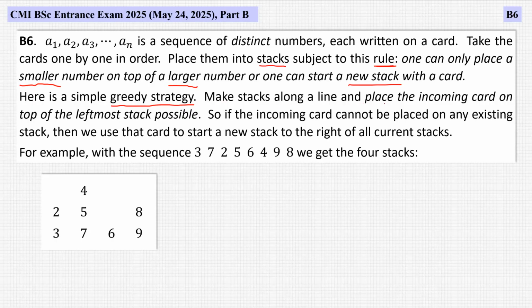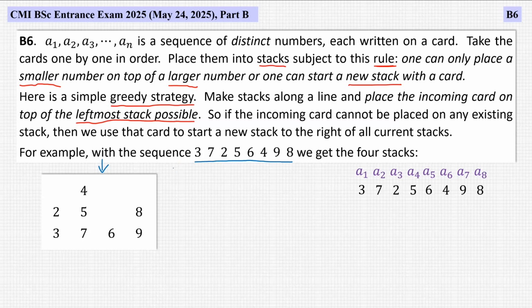Make stacks along a line and place the incoming card on top of the leftmost stack possible. So if the incoming card cannot be placed on any existing stack, then we use that card to start a new stack to the right of all current stacks. For example, with the sequence 3, 7, 2, 5, 6, 4, 9, 8, we get this result of 4 stacks.